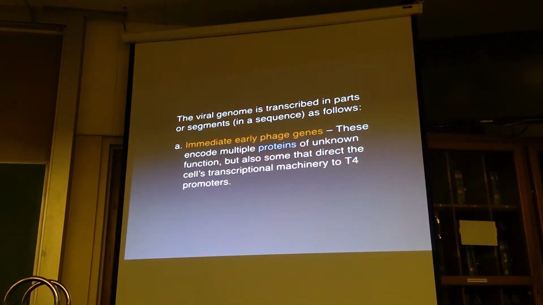The immediate early phase genes are the ones that are going to be transcribed first, and then again, the messenger RNA is going to go to the ribosome to be translated. These are going to involve making proteins that have a variety of functions. So part of it, again, has to do with getting some enzymes that will preferentially transcribe viral DNA.